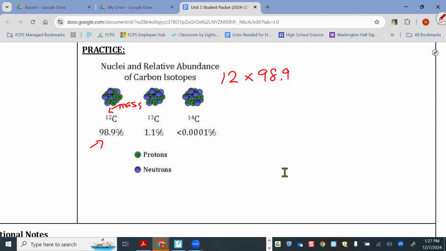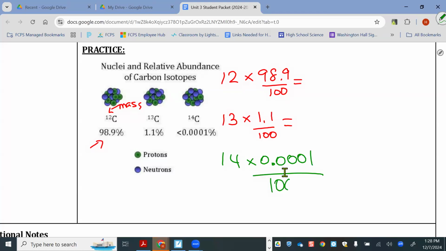But remember, we need to convert percent to decimal to work with it, so I divide by 100. I take 13 next, times 1.1, divide that by 100. Then I take the next one, 14 times 0.0001. Divide that by 100.